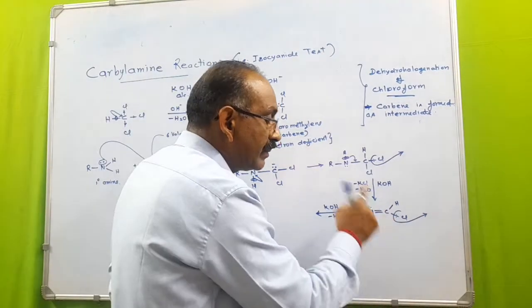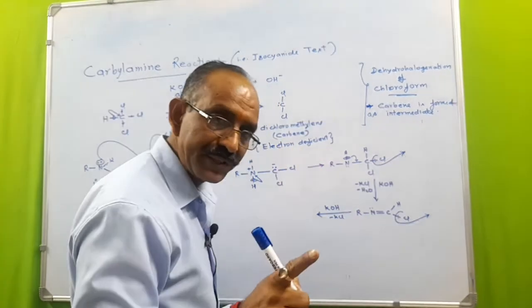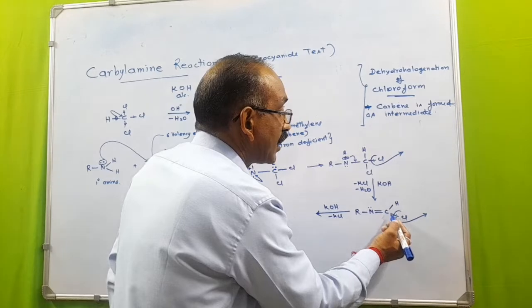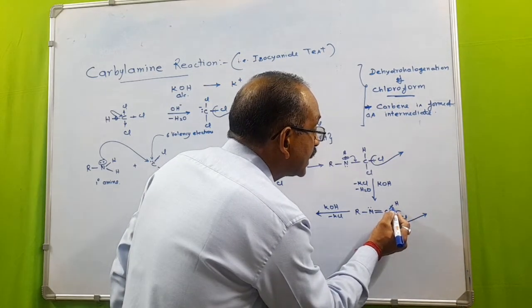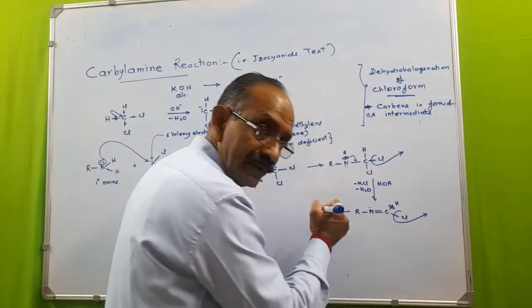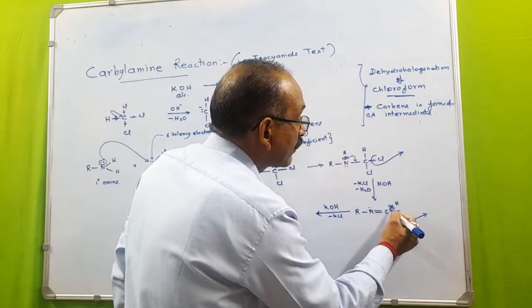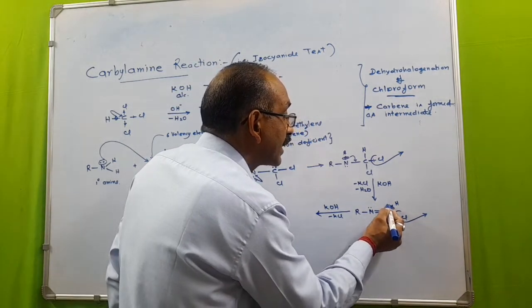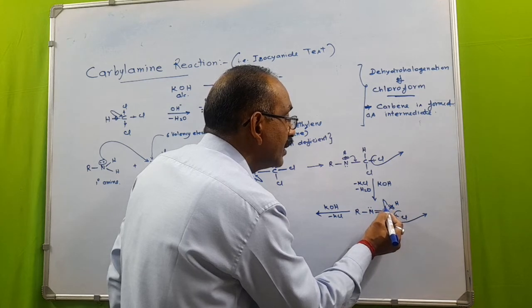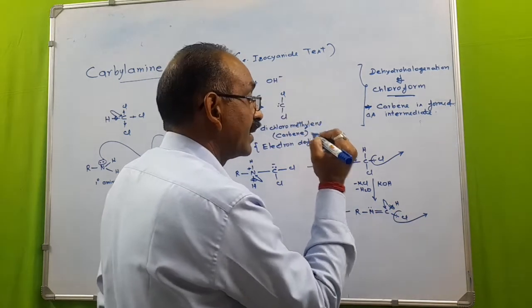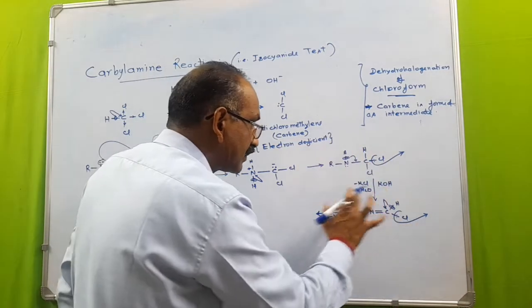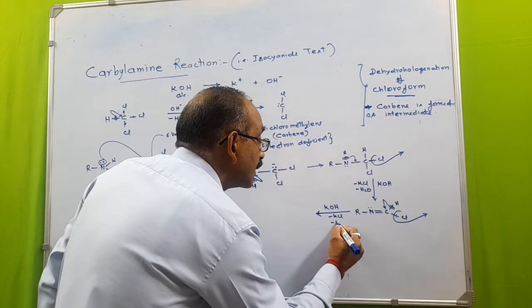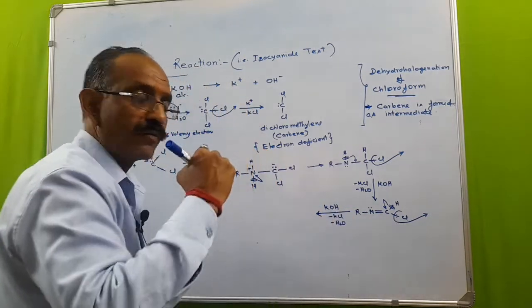Now the carbon will become electron deficient because carbon has lost its electron. So in order to compensate the deficiency of the carbon, the electron pair of the CH bond will completely shift over the carbon, and the H plus will set free. That H plus will combine with the OH minus and come out in the form of water.